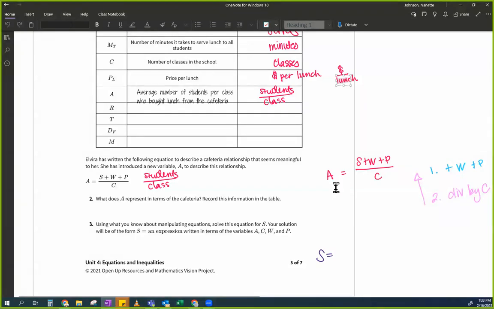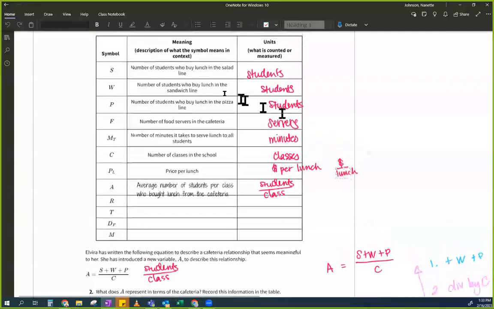A is a number. S is a number. W is a number. P is a number. C is a number. Otherwise, if they weren't numbers, why are you adding letters together? Right? S plus W, is that SW? Is that the beginning of the word sweep? No. It's S plus W. It's the number of students who bought a salad plus the number of students who bought a sandwich.